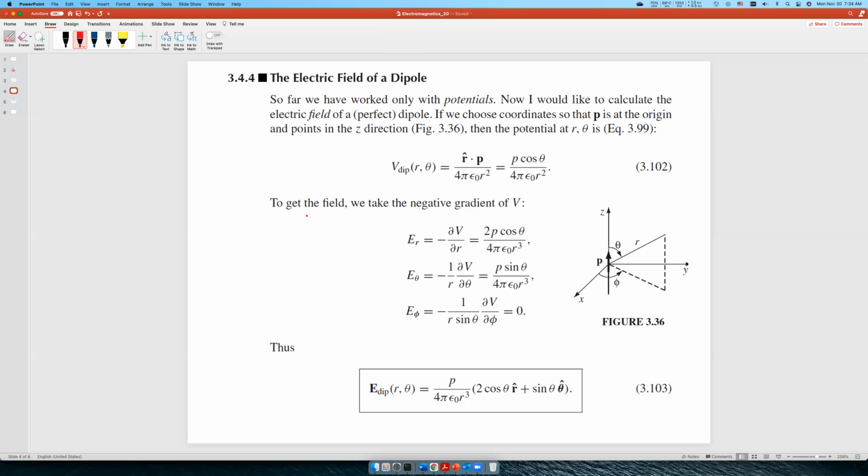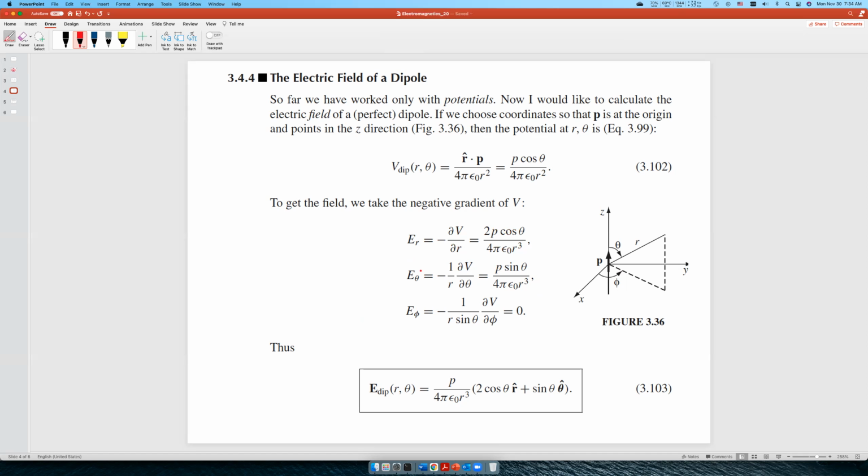And then in order to get the field, we can take the negative gradient of the potential, and it will have 3 directions: r direction, theta direction, and phi direction. In the r direction, negative partial V over partial r is 2P cosine theta over 4 pi epsilon 0 r cubed.